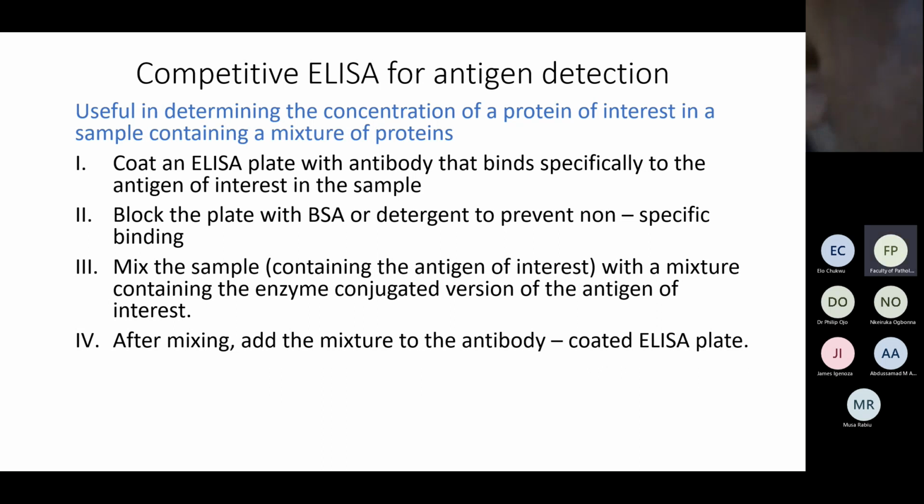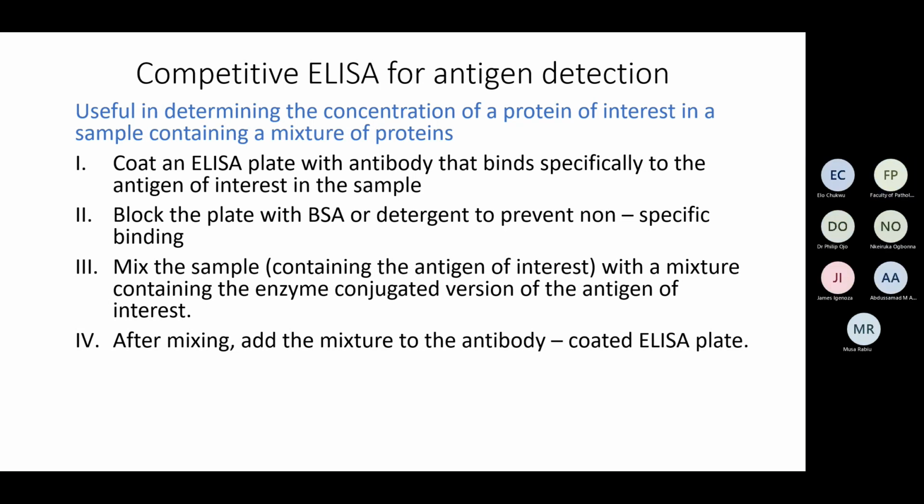The reason being that now you have two samples that you have mixed. You have a sample that contains your mixture of antigens, and another sample that contains only your antigen that has been conjugated to that enzyme. So now the protein of interest in your mixture of proteins is going to compete with the protein that has been conjugated to that enzyme.